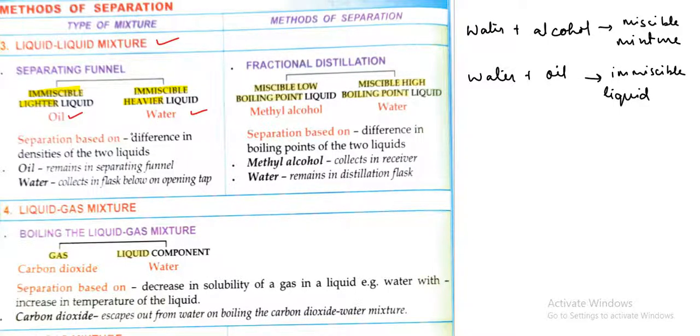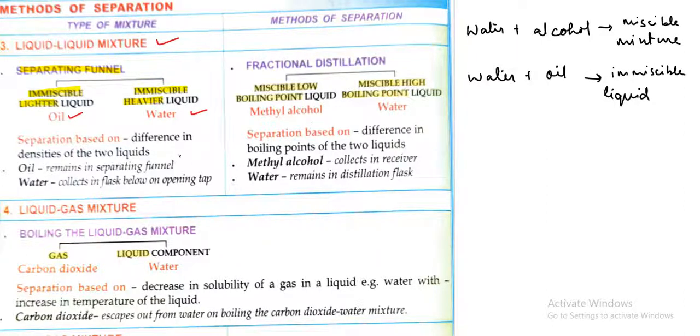So what do we do? We use the method called separating funnel. In the separating funnel, we settle the mixture for some time. Then the lighter liquid starts floating on the top, and the heavier liquid comes to the bottom, and we separate the water from the bottom very easily.